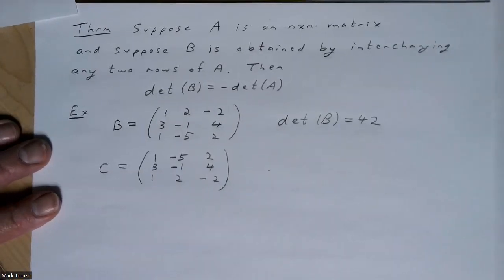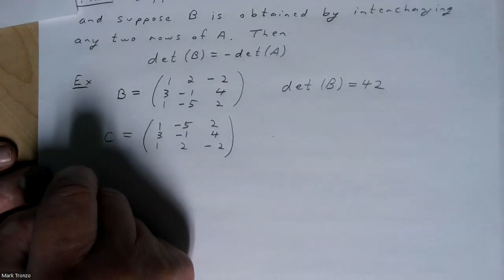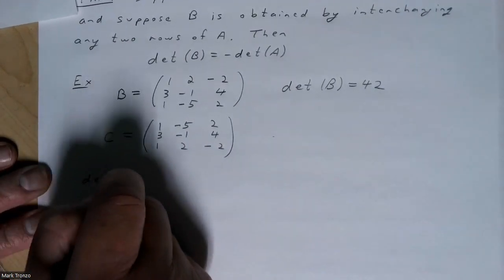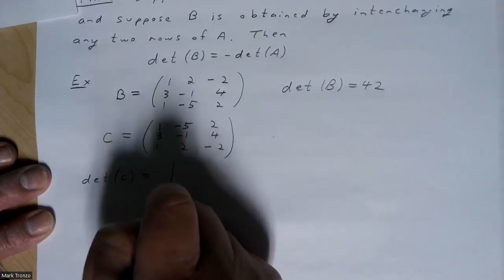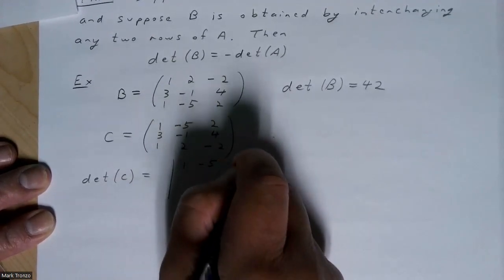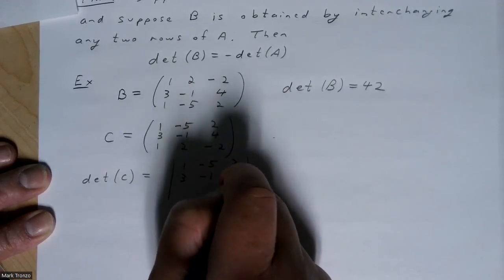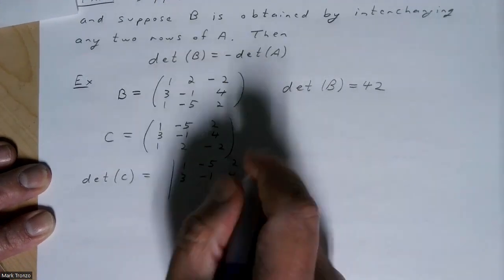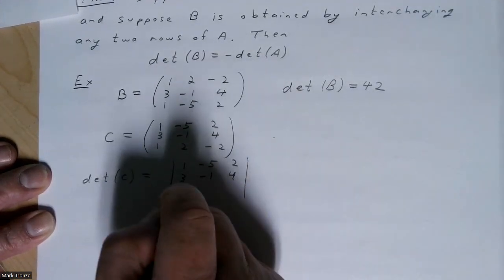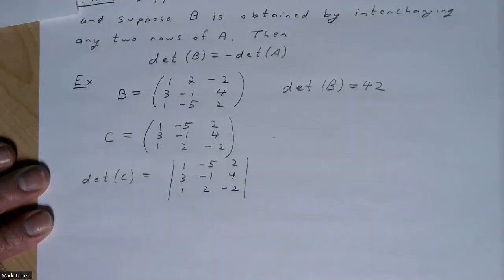Like this. And let's find the determinant of C. Once again, it's a 3 by 3.